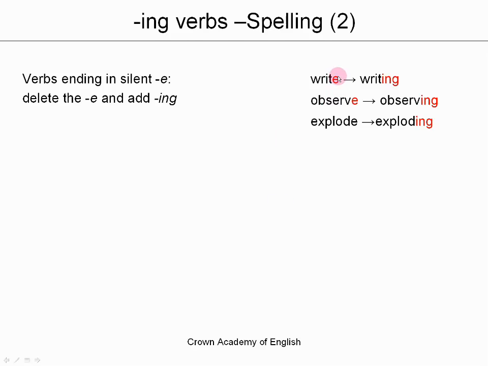This E is silent, we don't hear the letter E, and when we want to create the ing form, we remove the E and then we add ing. So you can see there's no letter E here, the E has been deleted. Observe, observing. Explode, exploding.